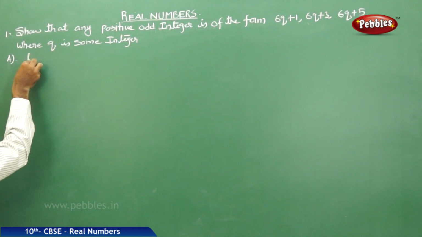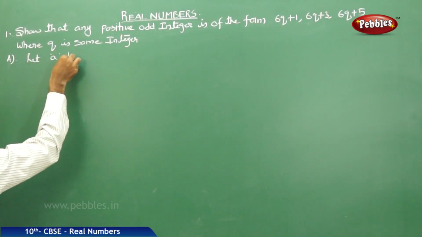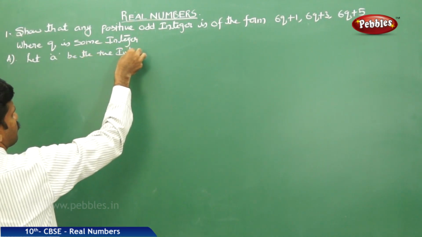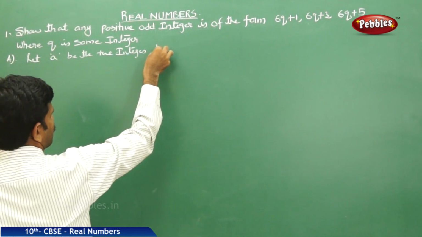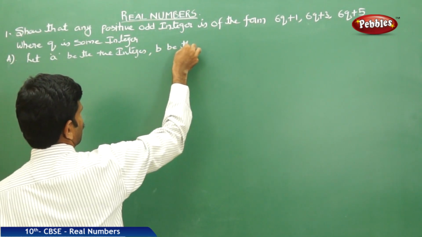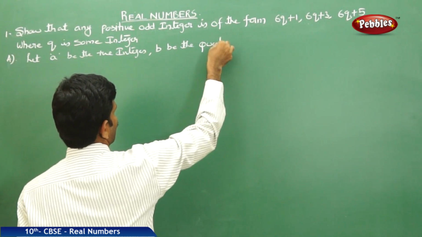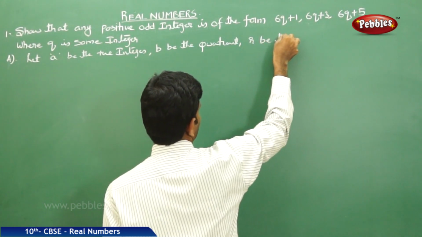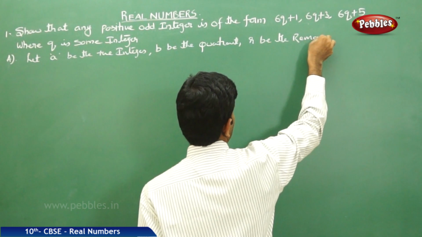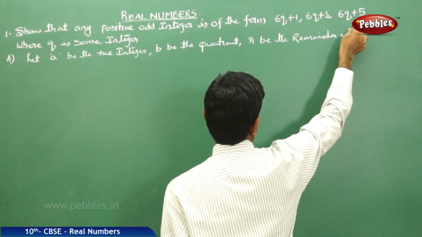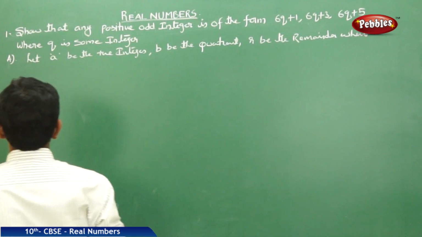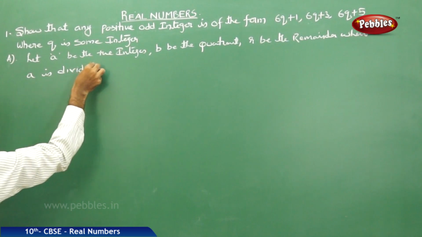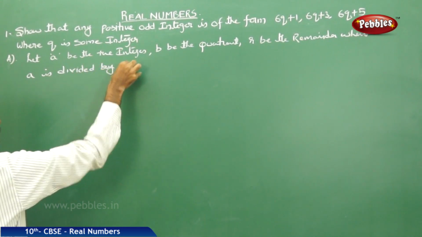Now let a be the positive integer, b be the quotient, r be the remainder when a is divided by 6.